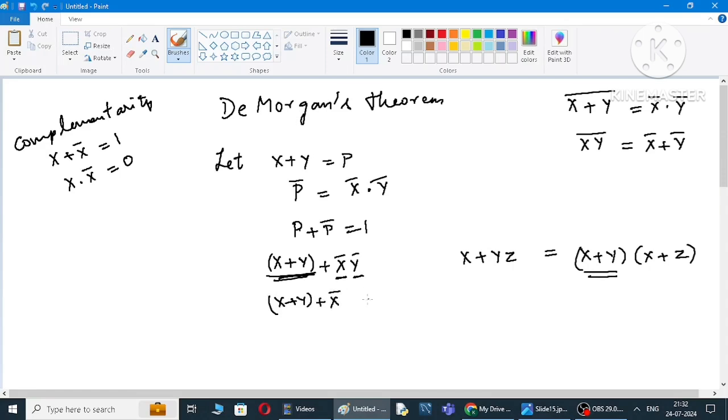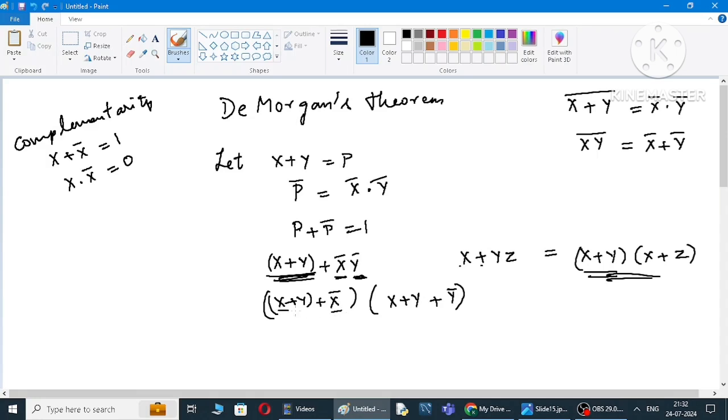It is of this form, right? X plus yz form. Now I have written according to the distributive law. I have expanded this. Now observe this carefully.